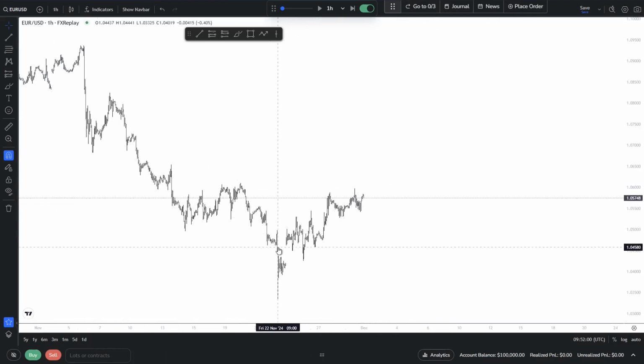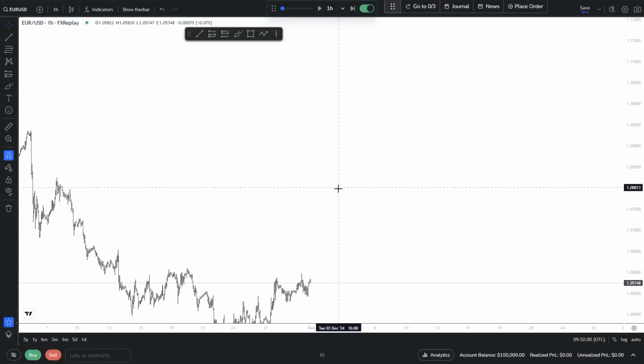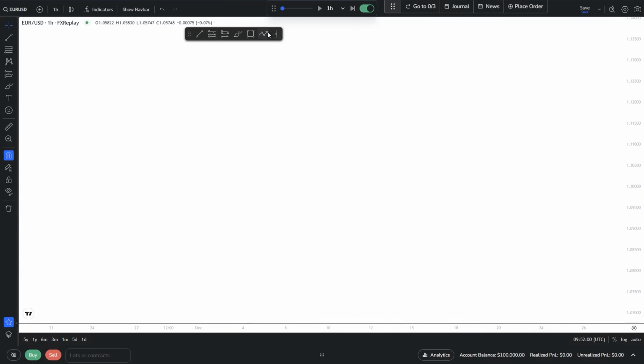Before going into the backtesting, you need to understand two to three simple things that I'll be focusing on more in this backtesting session, right? So the first thing is that whenever we take a liquidity point, let's just say this is a liquidity point.